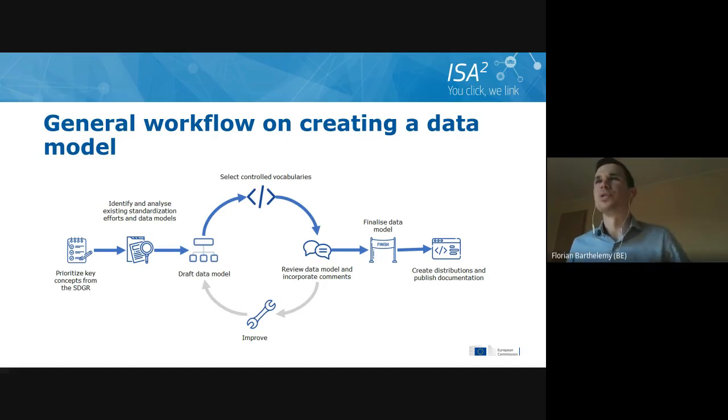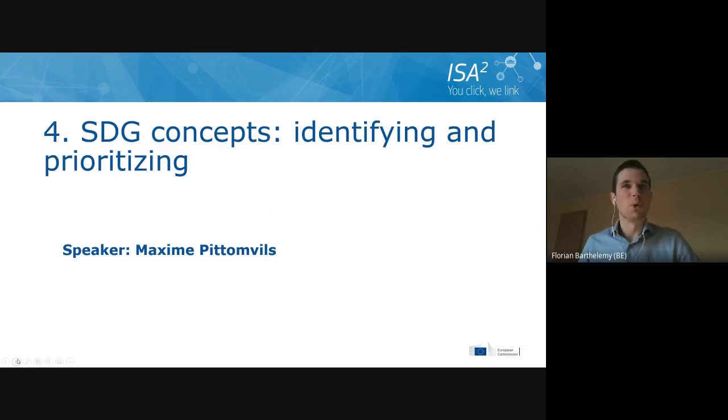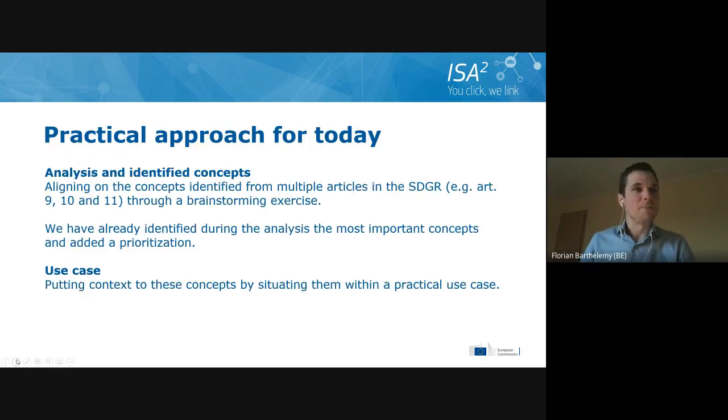If not, I propose to move directly to the more collaborative part of the webinar, where basically we start identifying and prioritizing. So for today, as mentioned, we have identified the elements as part of the spreadsheet that we have shared with you.